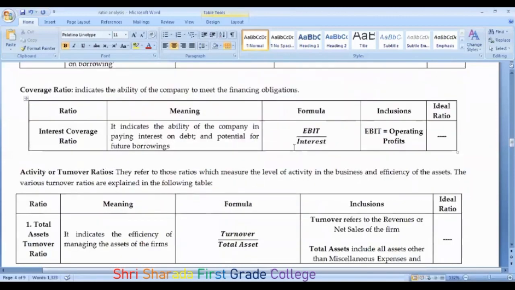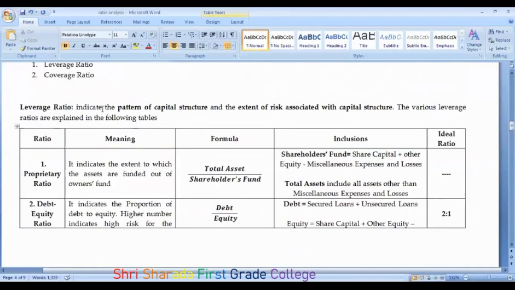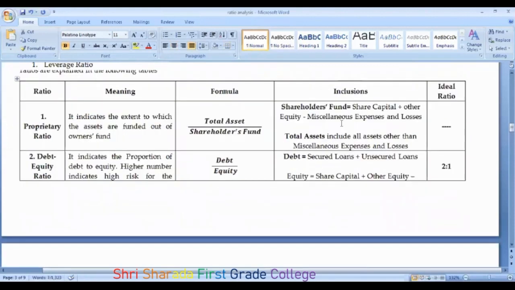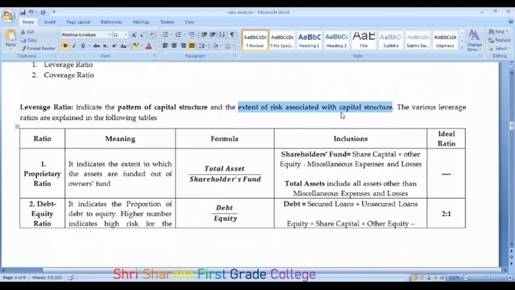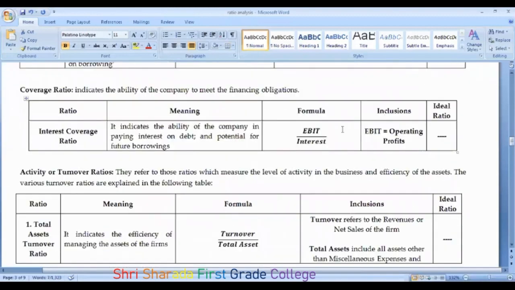Clear? Next. So we have learned the leverage ratio. The leverage ratio purely dealt with the pattern of capital structure and the extent of risk associated with the capital structure. So what is capital structure? It may be debt, or it may be any capital, or any proprietary ratio, or any capital gearing ratio.